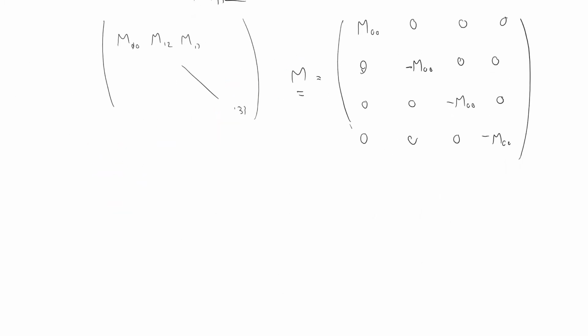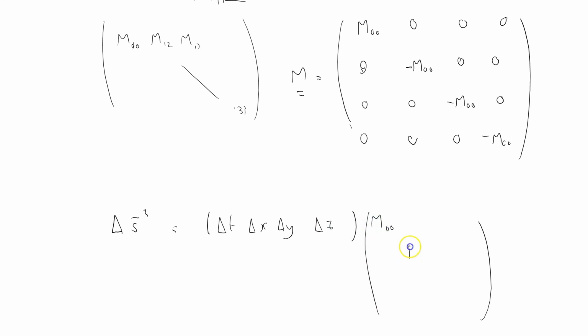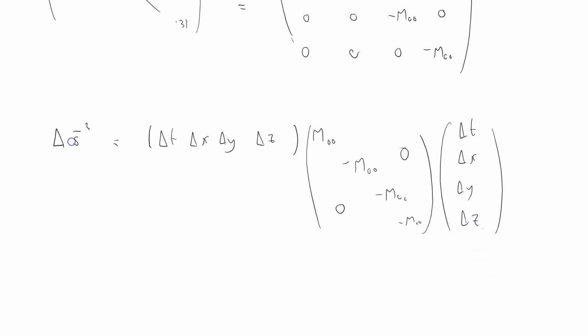So let me remind myself what that's telling me. That's telling me that delta S bar squared equals, and it's an abusive notation which drives me nuts, delta T, delta X, delta Y, delta Z, times this beautiful diagonal matrix here, M00, minus M00, minus M00, minus M00, 4x4 matrix, times delta T, delta X, delta Y, delta Z, equals M00 times delta T squared minus delta X squared minus delta Y squared minus delta Z squared, because I've managed to factorize this thing in terms of M00.